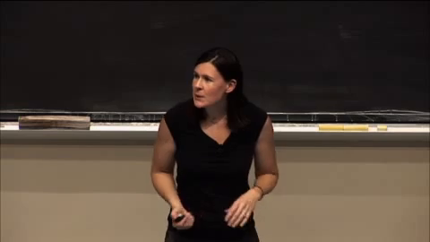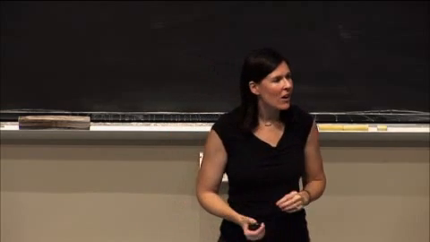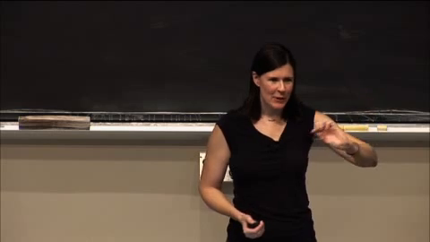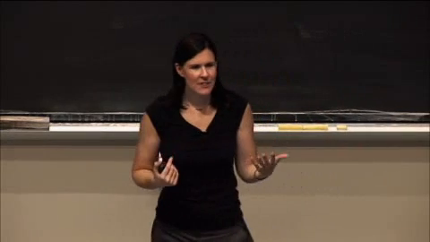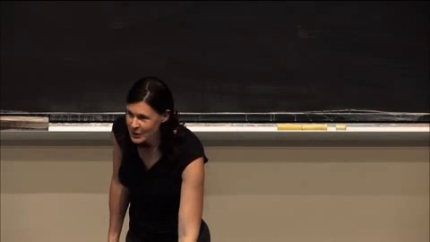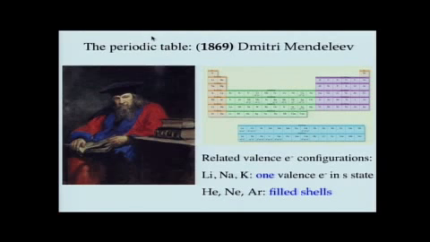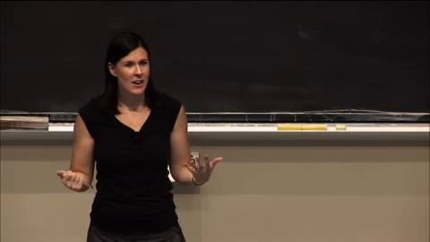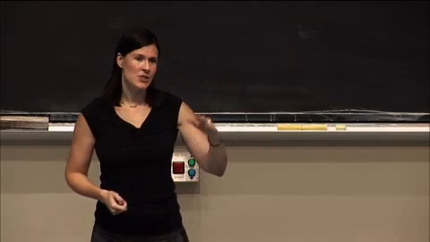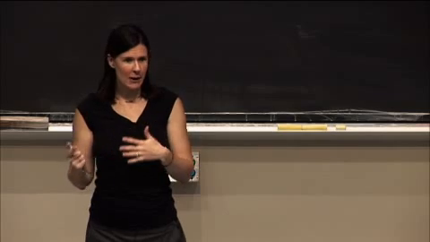But what we actually know today is that we can also order things in the periodic table by electron configuration. In fact, that is the most logical way for us to look at it now. So for example, if we're actually thinking about electron configuration and we look at lithium, sodium, and potassium, these all have one valence electron. So basically that means one electron in an s orbital in their outermost shell.